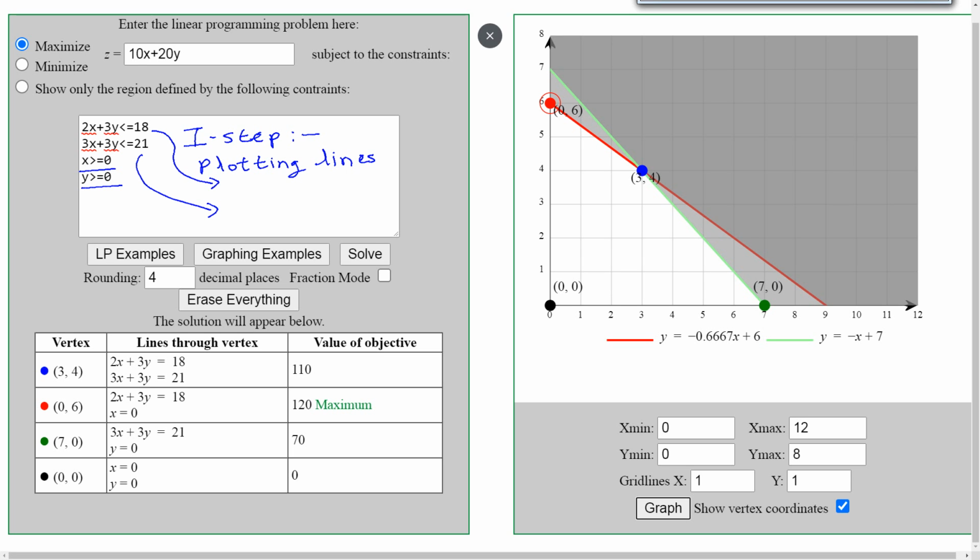Note that it is impossible to plot this line. In fact, it is not an equation of a line. z is equal to 10x plus 20y is not an equation of a line.